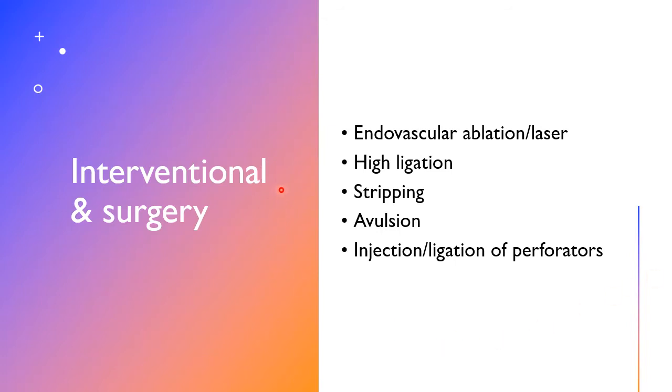So in summary, the surgical intervention will be endovascular ablation using laser or radio frequency, high ligation, which I will highlight in a short while, stripping of the varicose vein, avulsion of the varicose vein, and ligation of the deep perforators in the leg.